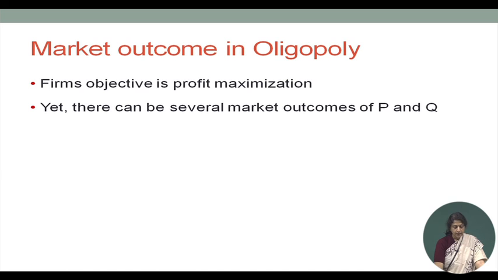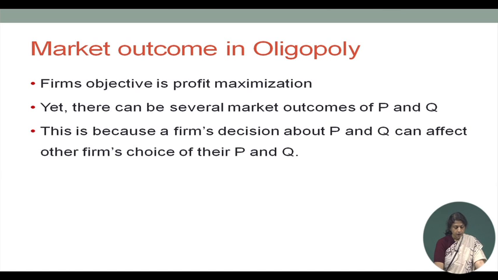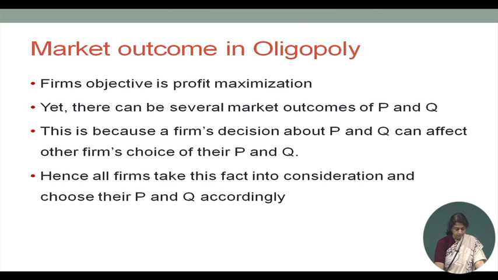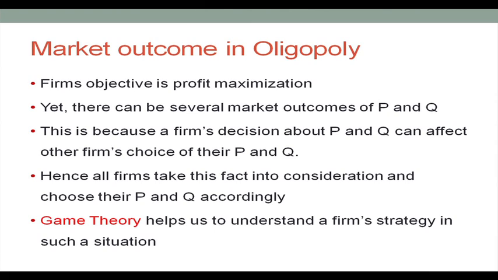Yet there can be several market outcomes of P and Q. This is because a firm's decision about P and Q can affect other firms' choice of their P and Q. Hence, all firms take this fact into consideration and choose their P and Q accordingly. And game theory helps us to understand a firm's strategy in such a situation.